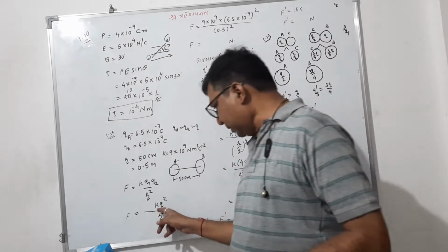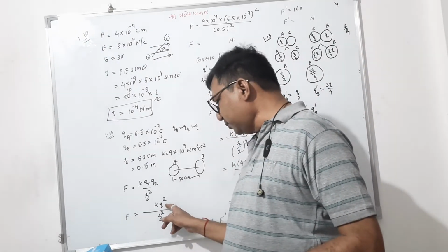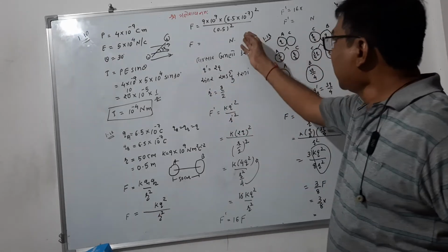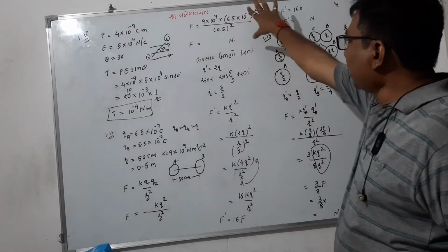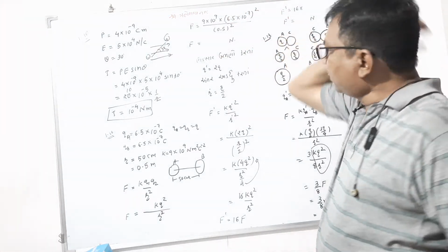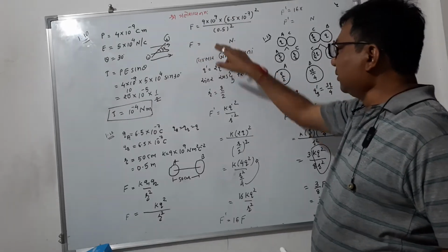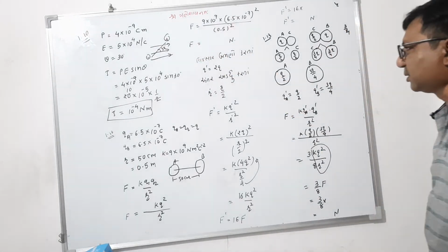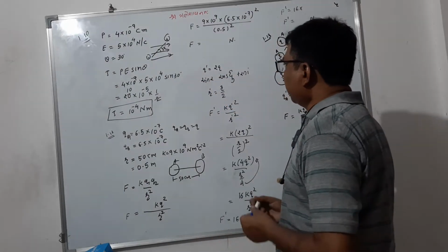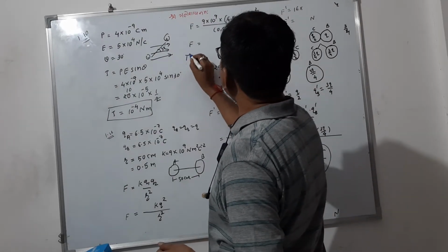So you can write K Q square, because Q into Q is Q square. Now it's very simple. You only have to apply the values, and by calculation you can get the value of the repulsive force.